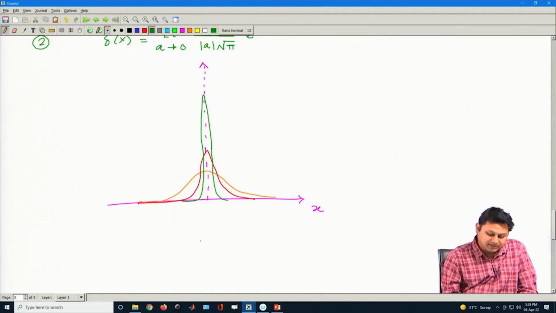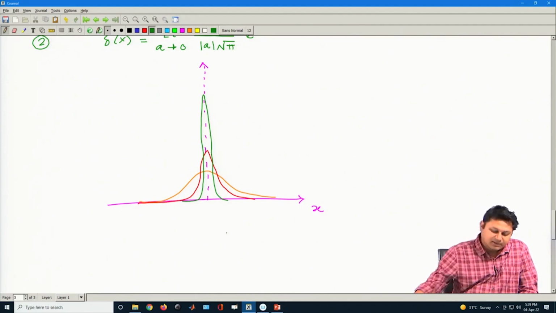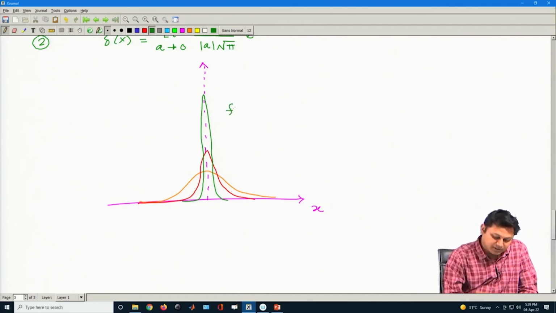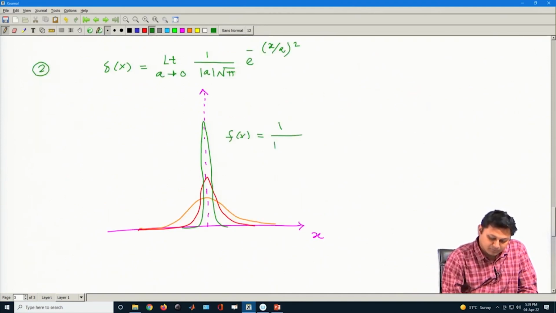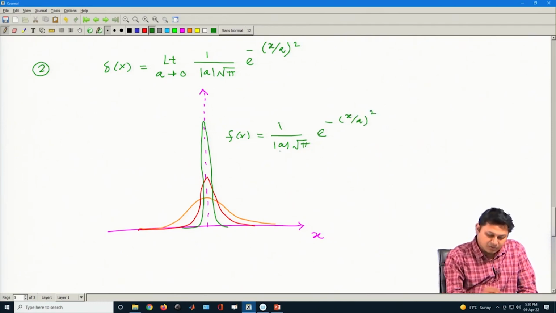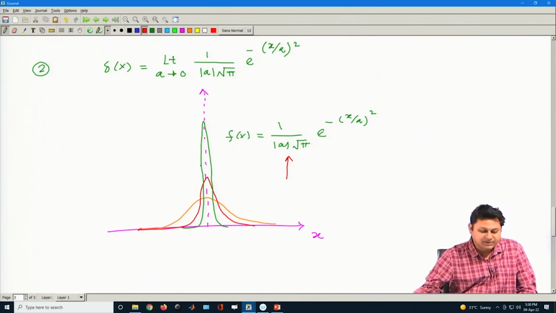Again, you can see that we gradually tend to a delta function kind of structure under the limit. This is the function I am plotting, 1 by mod of a root pi, e to the power of minus x by a, whole square. This is a typical Gaussian function, and now I change the value of a. Under the limit a tends to 0, I am going to get a delta function here.